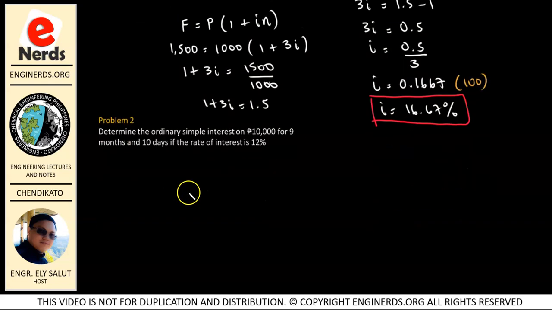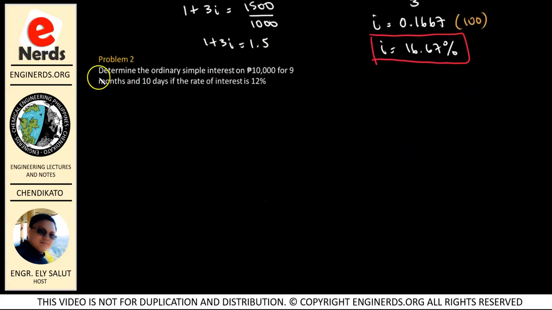Now let's go to problem number 2. We have to determine the ordinary simple interest on 10,000 pesos for 9 months and 10 days if the rate of interest is 12%. Okay, so hindi naman pinapahanap sa atin dito kung magkano yung naging future amount natin, ano? So, basically, ang pinahanap lang sa atin is yung mismong value ng interest.